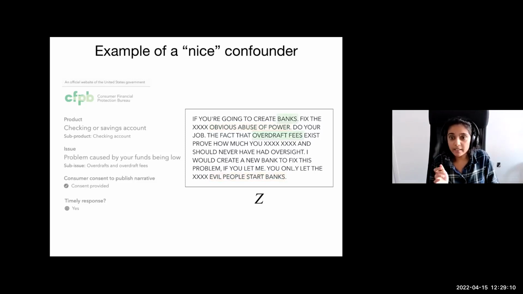On the other hand, you can imagine that if the confounders were just the perceived topics, words like bank and overdraft fees might clue you into the topic, but you can totally imagine somebody writing a polite version of a complaint that uses the same phrases, banks and overdraft fees.